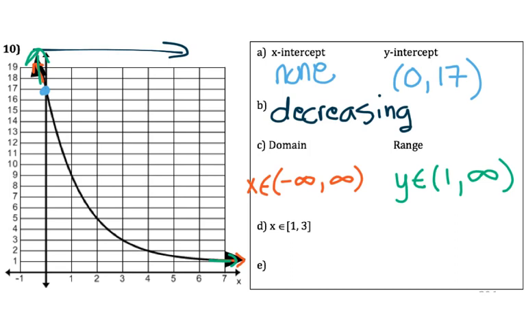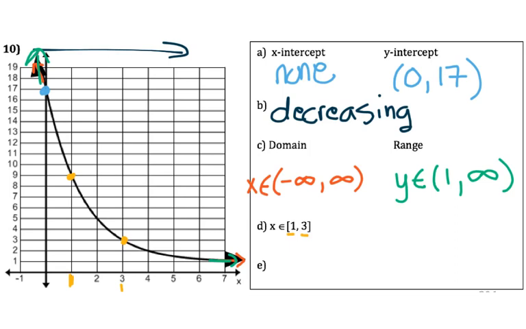Okay, part D. We're looking for the slope from this interval, so where x is 1 to where x is 3. So if we go over to x is 1 right here, and go up to where it crosses the graph, this is our point we're going to go from, to 3, that's right here, up to the graph.